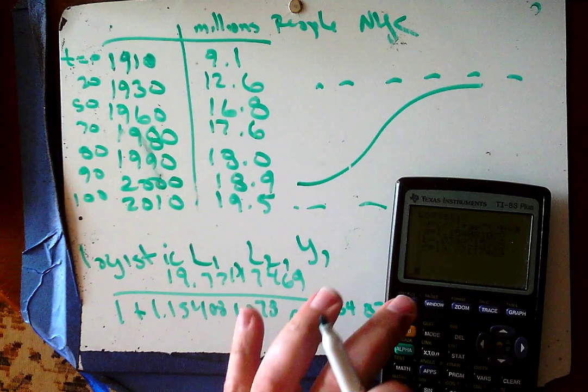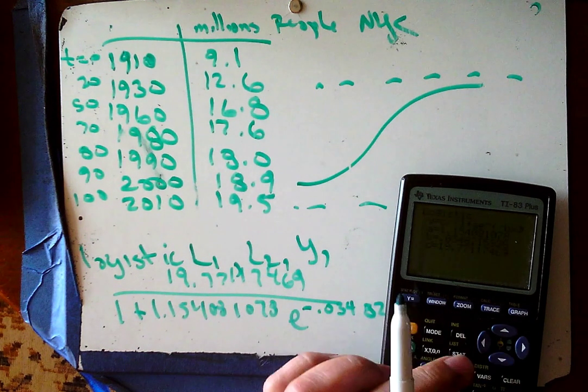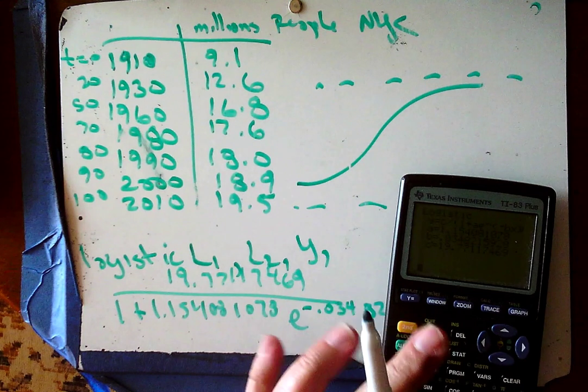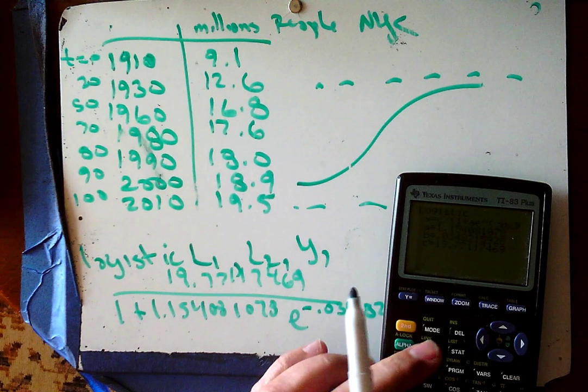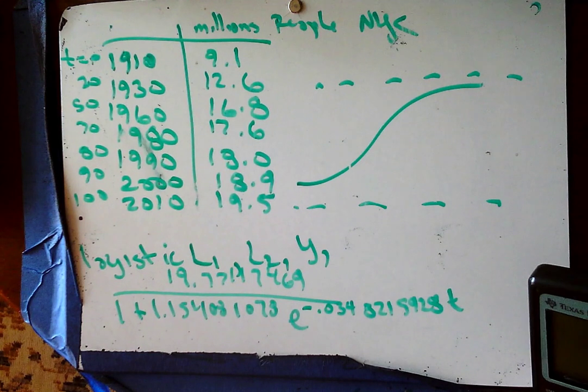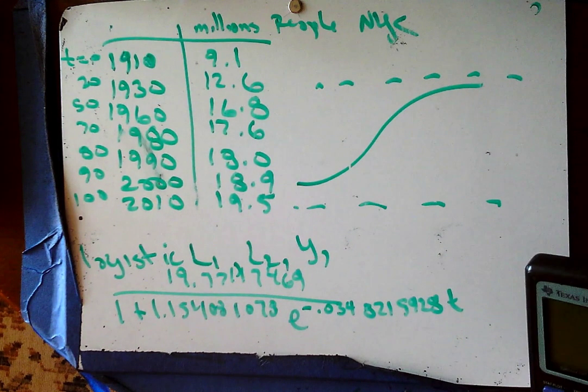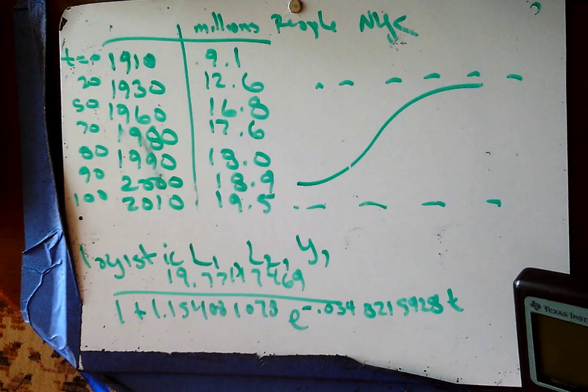Now, luckily, didn't I store that here? I thought I stored it. Oh no. I'm not typing that whole thing in here again. No way. That's crazy. Stat. Calculate. Logistic.